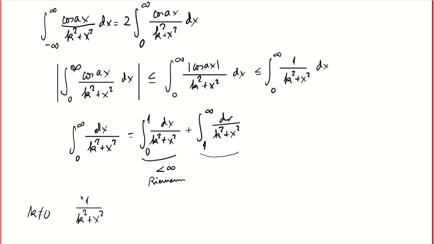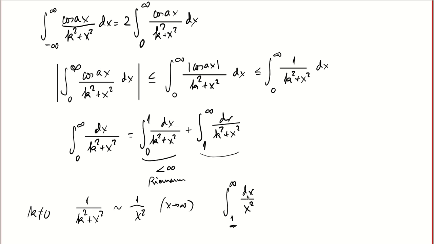So we have this function here, and when x is very large, since this is just a constant, this behaves just as 1 over x squared when x goes to infinity, right? Okay, so all we have to do is to analyze what happens with this integral. Now you see why having a 1 here is important, right? Because if we still had the 0, then this would be divergent at 0.